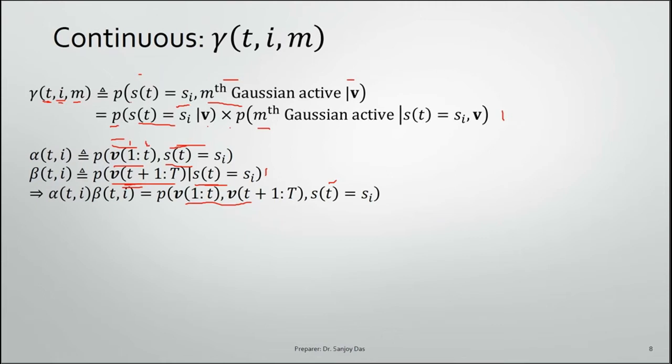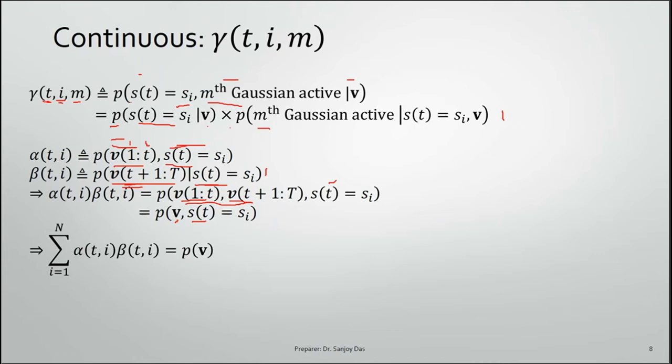And since this is the sequence of output vectors until time step lowercase t, and this is the future output sequence t plus 1 through uppercase T, I can concatenate them to give rise to this vector v. This is the full output sequence. And so alpha_t(i) beta_t(i) is equal to the probability of the complete output sequence v and the state at time t being equal to s_i.